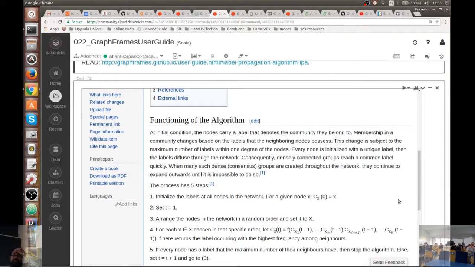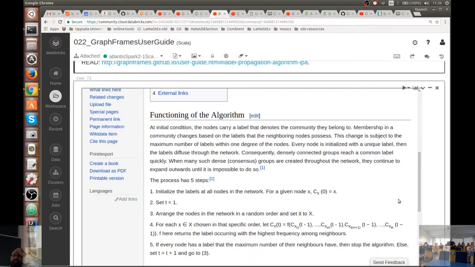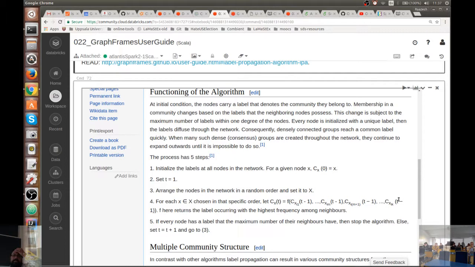So this particular algorithm basically has this standard pattern. Every node will usually get its own unique integer ID in the beginning, and then in each step of the algorithm, the nodes will pass their IDs to their neighbors.